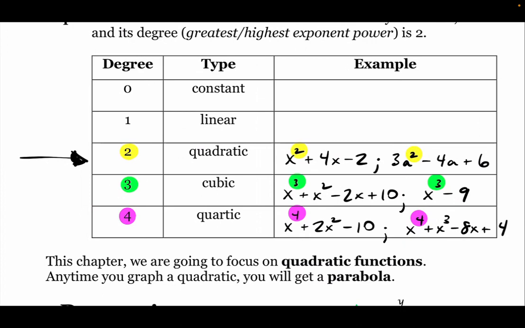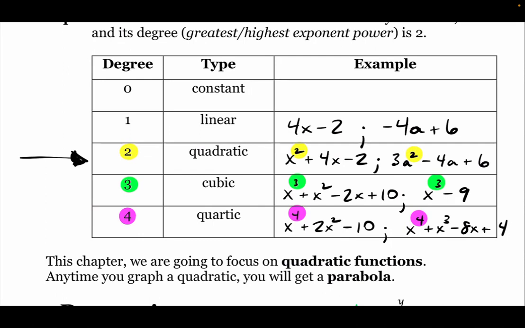Okay, so linear. Linear means power of 1. So let me give you a couple examples. 4x minus 2. Negative 4a plus 6. So in order to be linear, it has to have a power of 1, right? I don't see any powers anywhere, though.